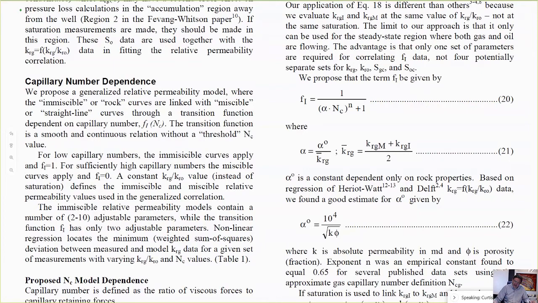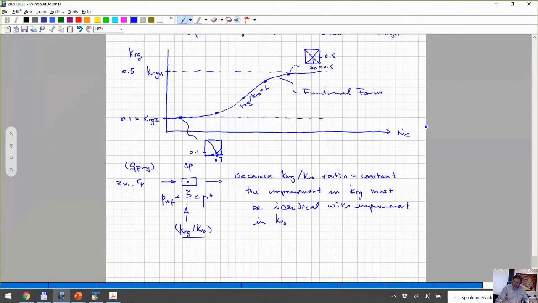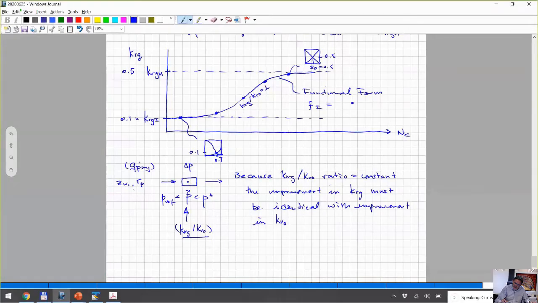Okay. So this here is the equation for miscibility, for Fi, using that same equation as Coates gave. 1 over alpha times capillary number to the power of n, sorry, and then plus 1.